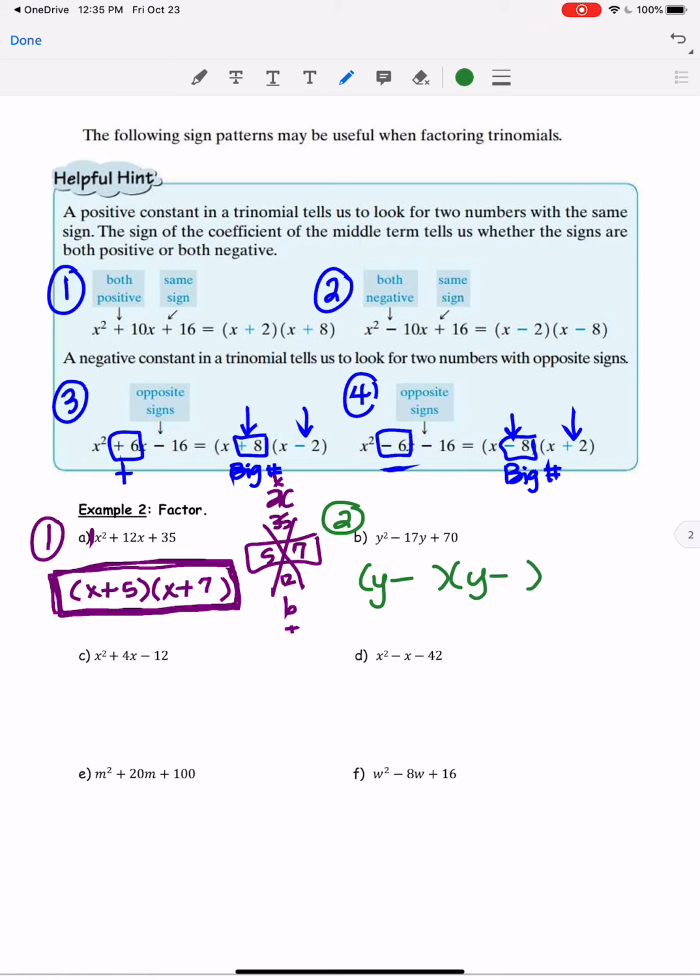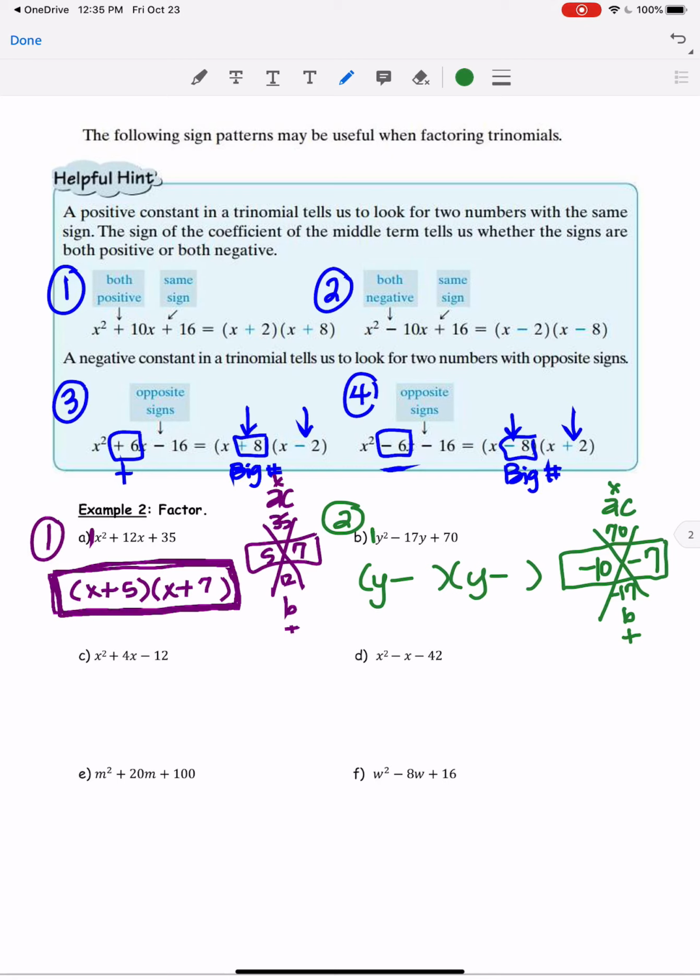Because negative times negative will give me a positive 70, but when I add, we'll get that negative number. So my A times C is 1 times 70. My B term is negative 17. So what adds up to negative 17, but when I multiply gives me a positive 70? It's going to be negative 10 and negative 7.